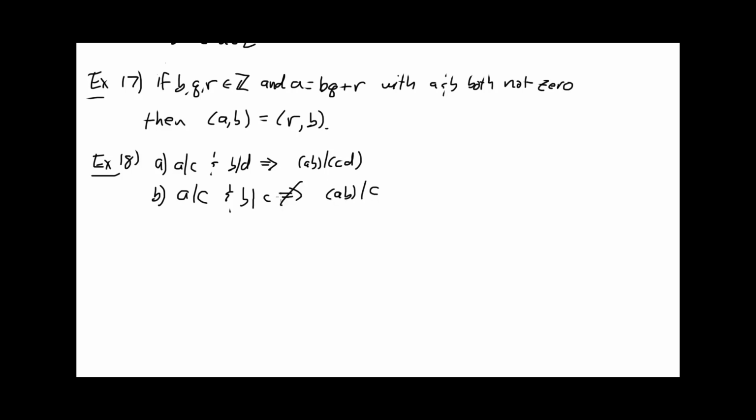It's a shame it's not true, but it's just not. You can write down lots of examples. So anyway, however, part C of this says that if you add one more hypothesis, then you do get this result. And the hypothesis you need is that a and b can't have any common factors.